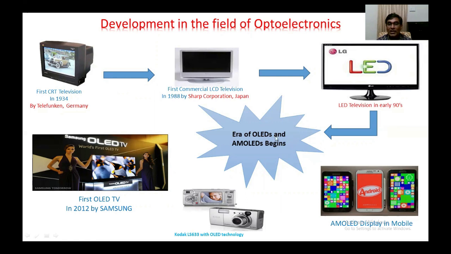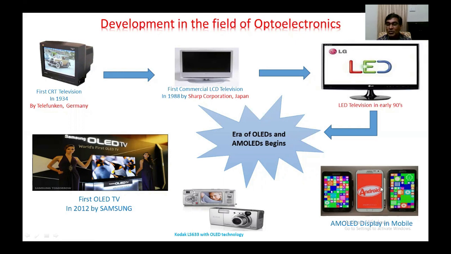The first organic light emitting diode television was introduced in 2012 by Samsung. And you can see the screens of cameras made up of OLED technology, and the screens of mobile phones or tabs have this AMOLED display.